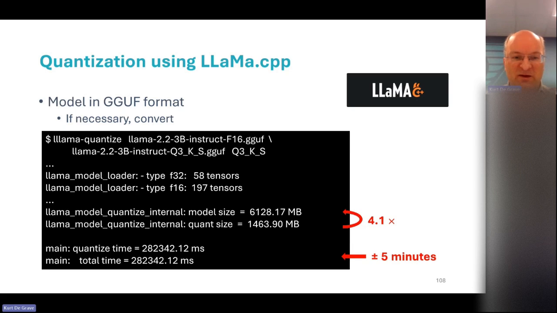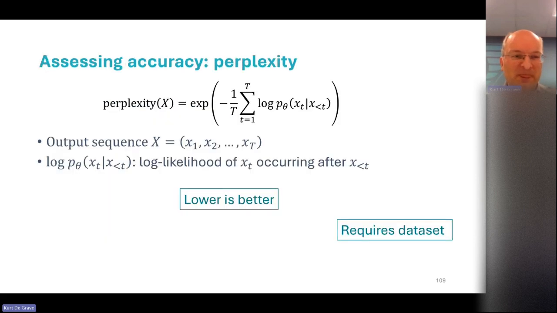It takes quite a while. So in this case, you compress the model fourfold, but it takes quite some time. So we won't do that for our exercise, but this is how it would look.